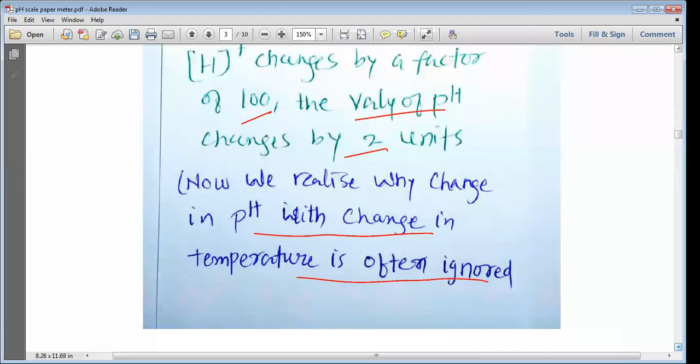For a very small change in H plus ion concentration, pH does not change much. So we often do not take the change in H plus ion concentration into consideration, particularly for a change in temperature, which causes a very small concentration change in the H plus ion.